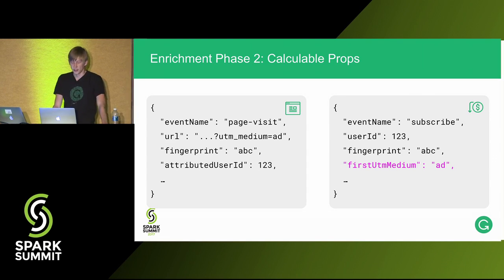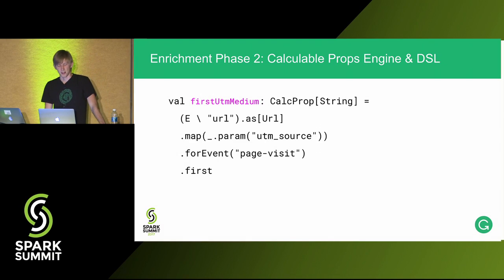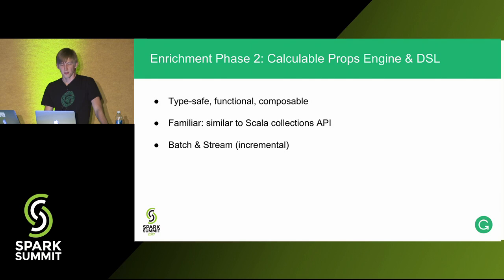And how we did that is we created a fancy functional Scala DSL to describe those transformations. And here's how it looks. But the main requirements it satisfies are that it's type safe, functional and composable, which makes it friendly from a developer's standpoint to define those aggregations.